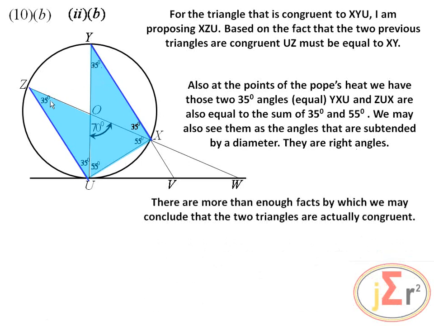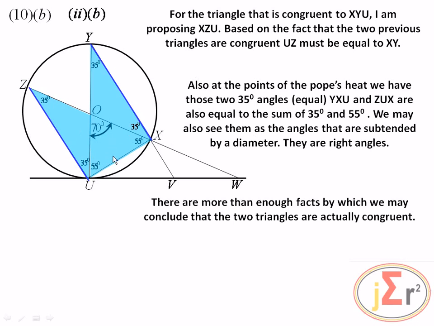Those two 35 degrees angles at the point of the Pope's hat. This looks like a Pope's hat. Also, we have these two corresponding angles that are equal. This is the sum of 35 and 55, and this is the sum of 35 and 55.